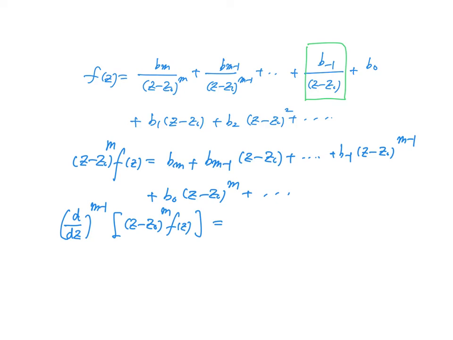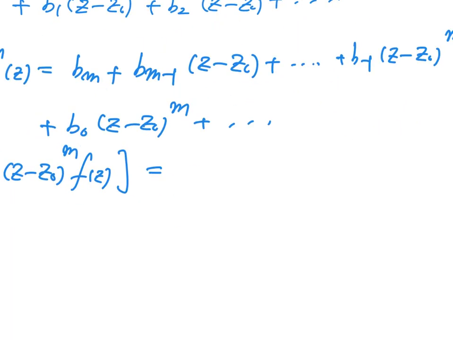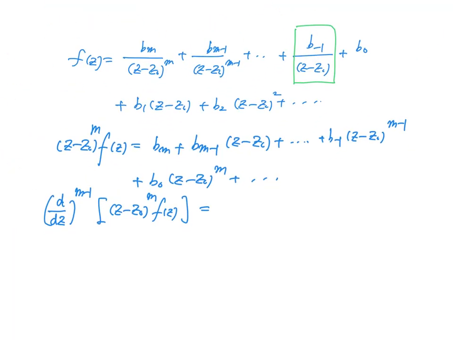And this one, if you differentiate m minus 1 times, we'll have m minus 1 factorial B minus 1 plus B0 times something times z minus z naught plus higher order terms.